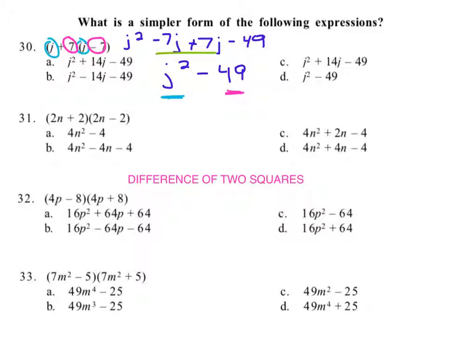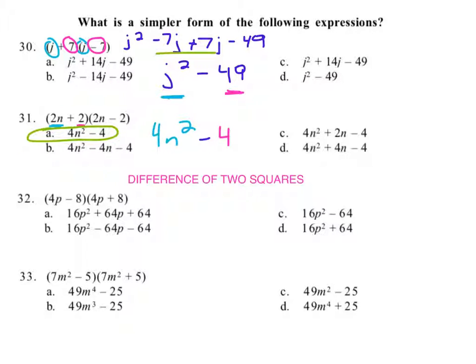Well, we get this term, 2n times 2n, 4n squared. And then we get this term at the end, 2 squared, 2 times 2 is 4. And remember, it's the difference of two squares, so it's subtraction in between them. 4n squared minus 4. That is answer A.